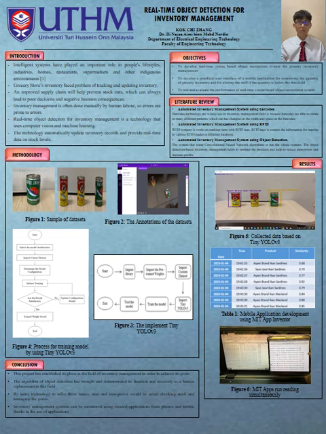The second is to develop a graphical user interface of a mobile application for monitoring the quantity of grocery inventory and alerting the staff if the quantity is below a certain threshold. And the last objective is to test and evaluate the performance of the real-time vision-based object recognition system in terms of accuracy, efficiency, and overall effectiveness in managing grocery inventory.